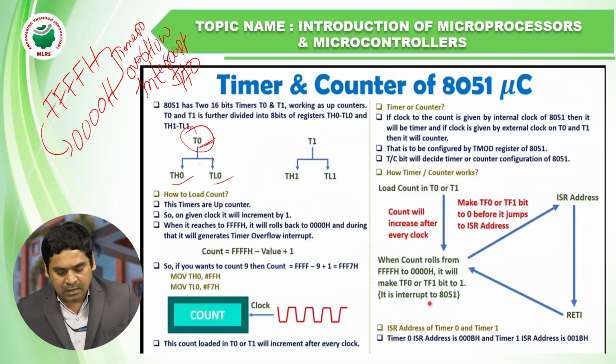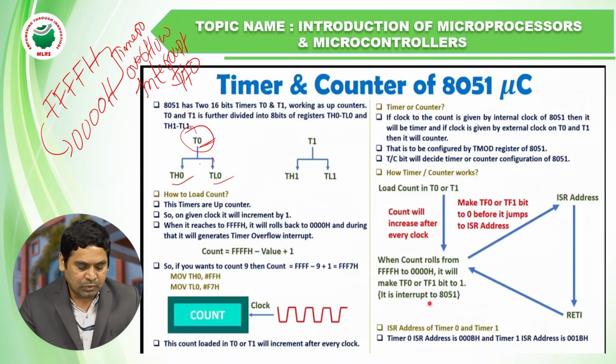TF0 is the timer 0 overflow interrupt. So when it rolls back from FFFFH to 0000H, we get the TF0 interrupt.